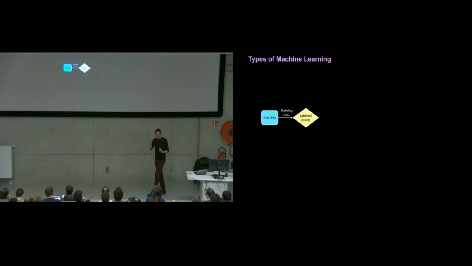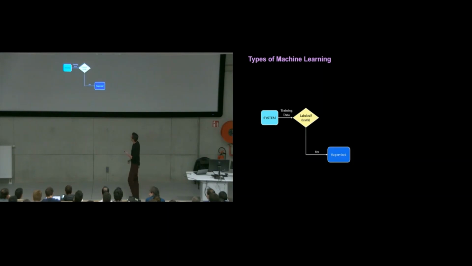Oftentimes in the past, you would click on who's in the image and type who that person is, and you would label that data so Facebook would know who was in that picture. Okay, so that's labeled data. Maybe you run a wind tunnel experiment for a new airfoil, you measure the lift coefficient. That's labeled data. Unlabeled data would be more like the self-driving car example, where you just have a camera and things are happening and you don't have someone expertly labeling what's happening.